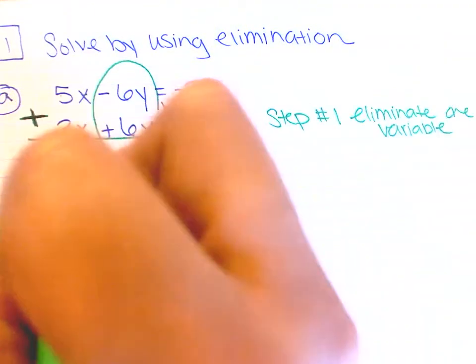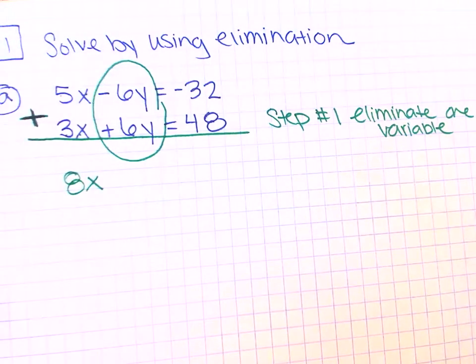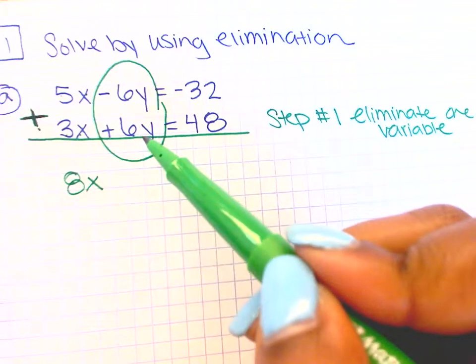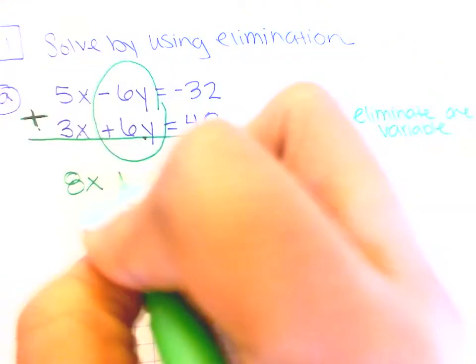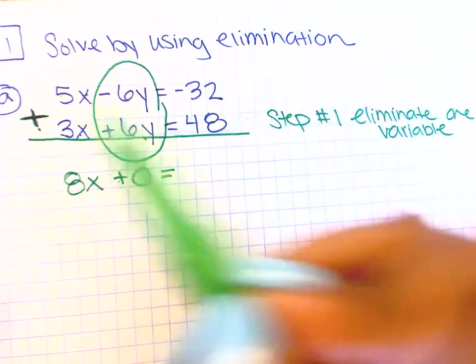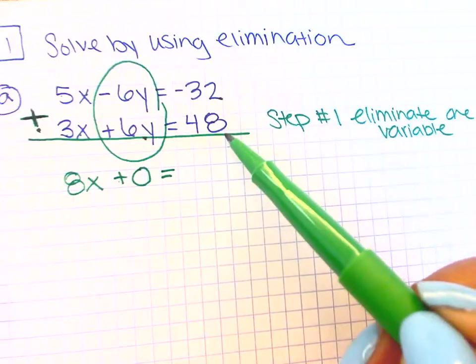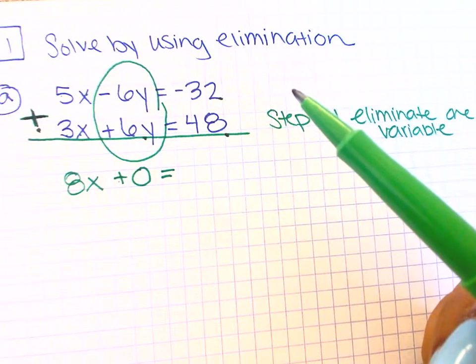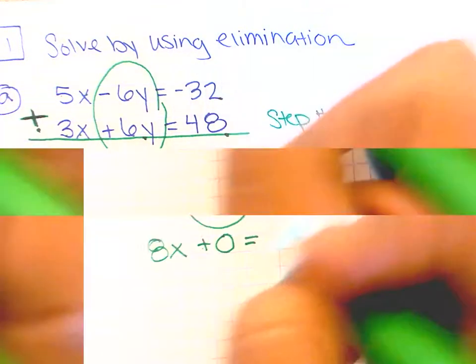Oh, I know. That's 8x. What's negative 6y plus a positive 6y? Oh, that's 0. And what's negative 32 plus 48? Oh, that's going to be 16.